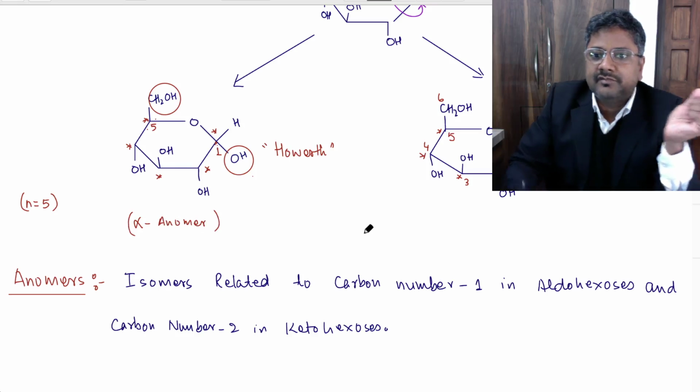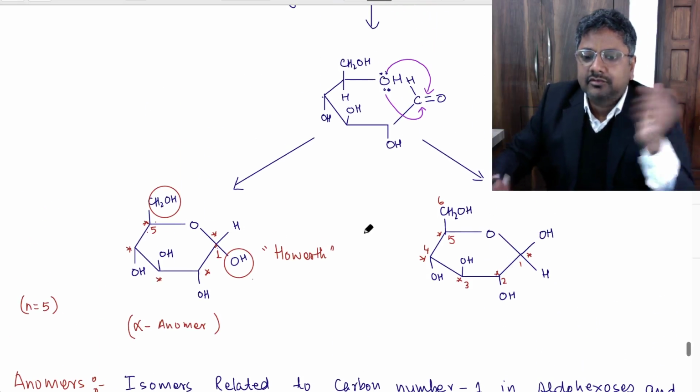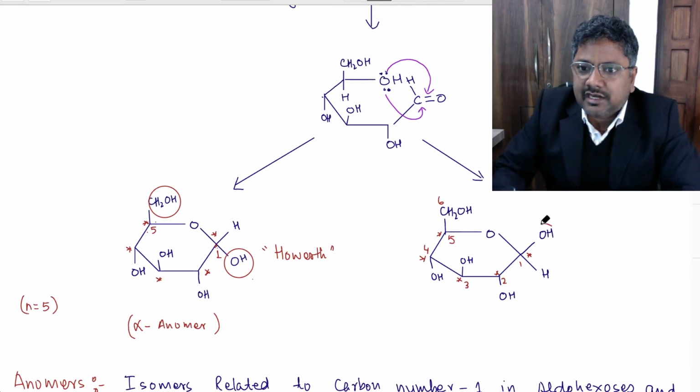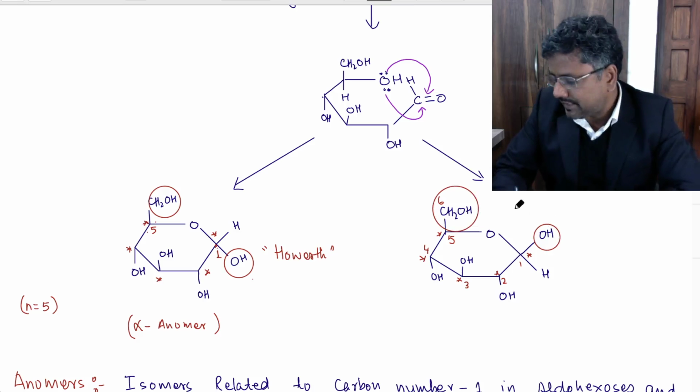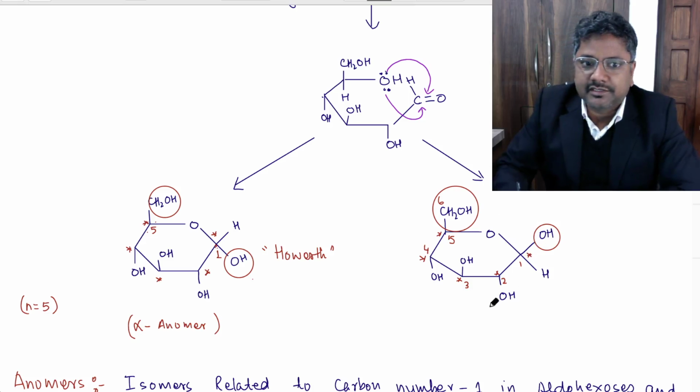And if the bulkier substituents of carbon number 1 and carbon number 5 are on the same side, then this is called beta anomer, right?